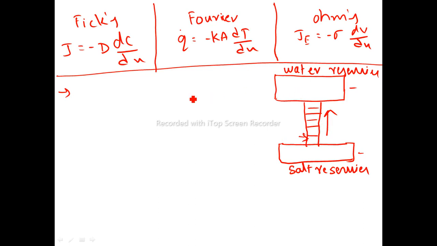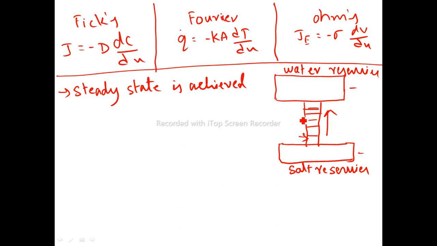Hence, steady state is achieved by Fick. So steady state means that at any position the concentration will not change with time.